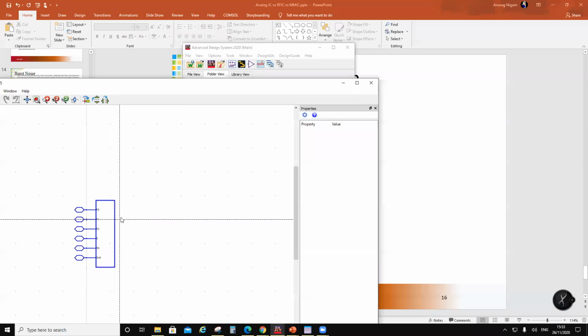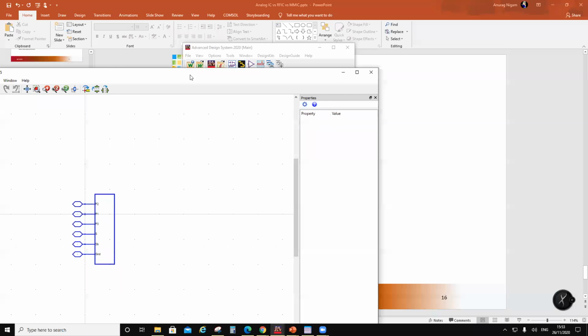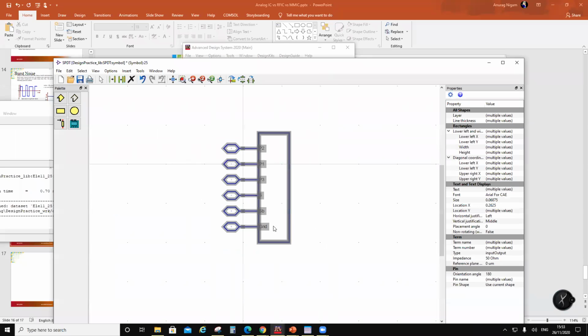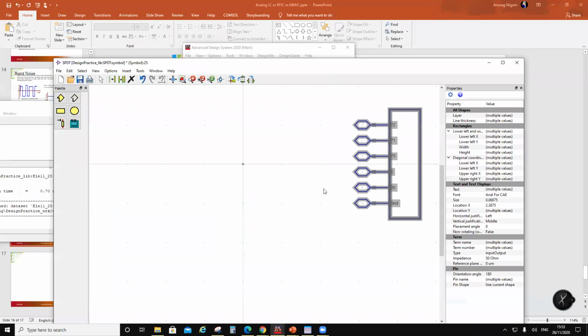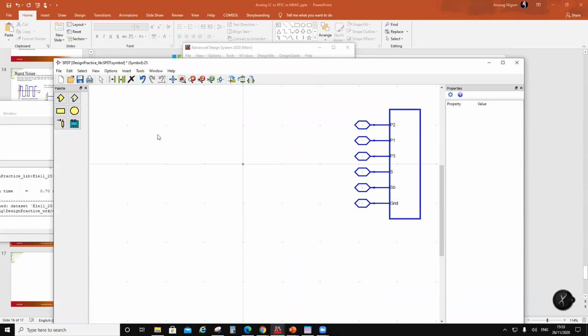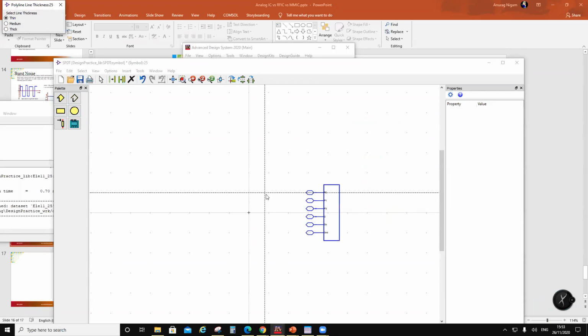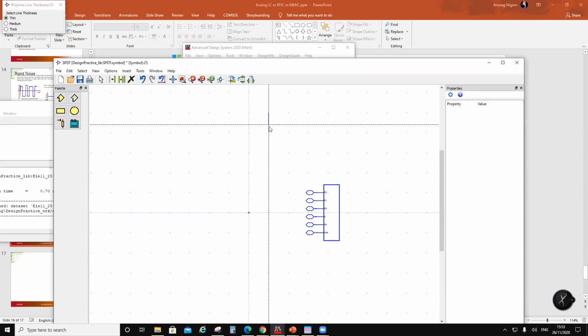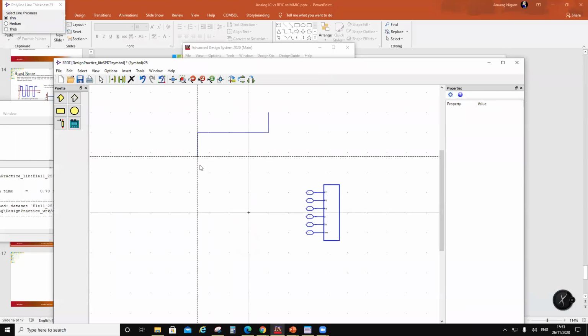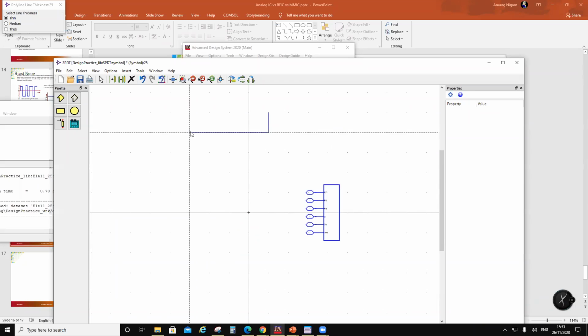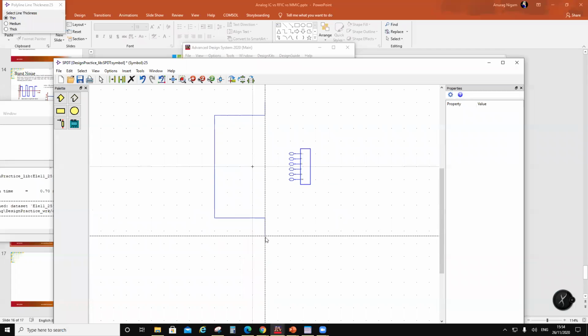I am going to make something where I can fit it easily. 1, 2, 3, 4. Okay, one more level.